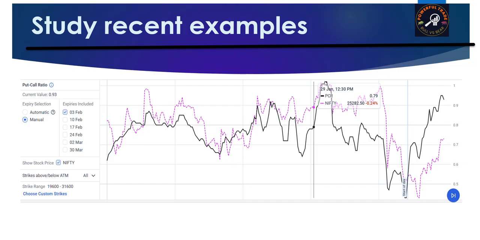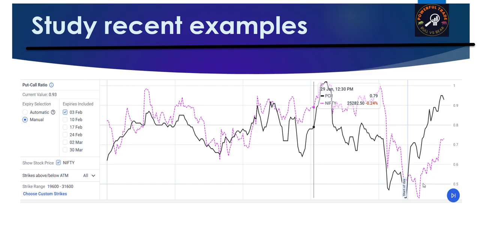At that instant the PCR was more than one, and that was a closing as well. Next day there was a gap down, and then it retested very close to that. Post which we had a very good fall, and in this area, close to this area, once again we are finding PCR going below 0.5. So basically two things you can see. This is the area where we were more than one, and this is the area where we were less than 0.5.